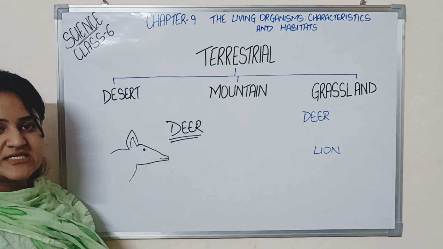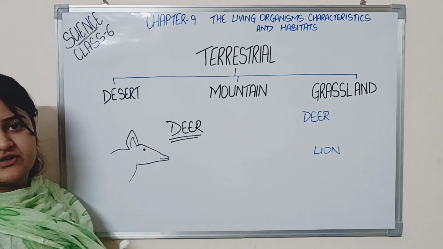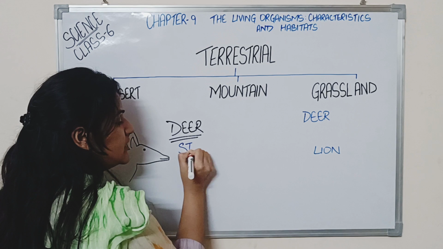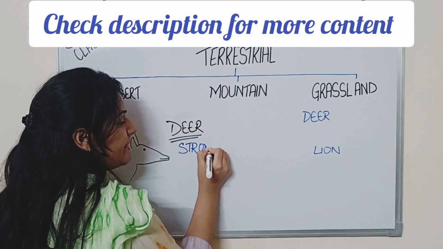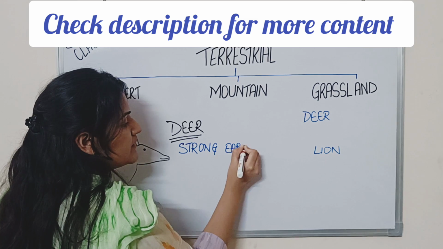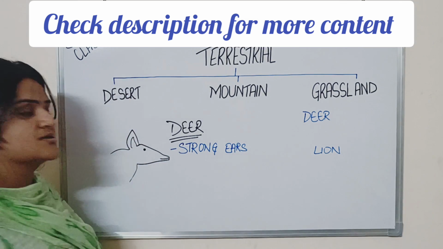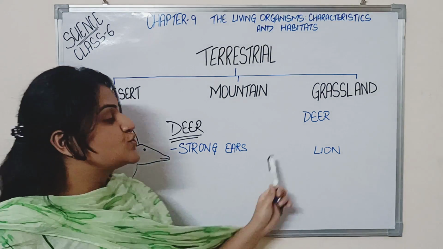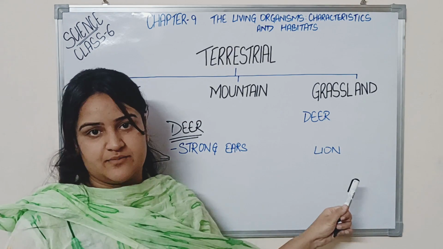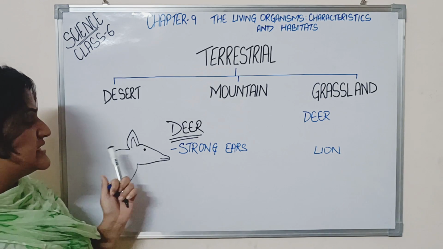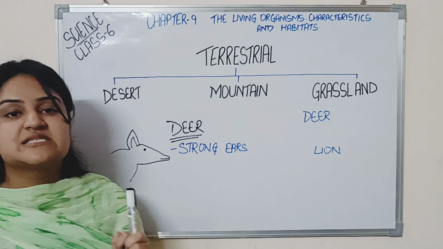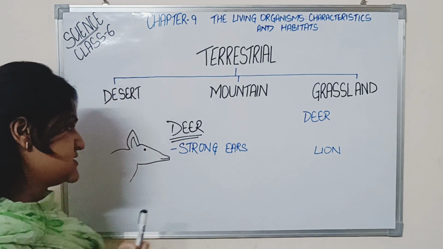Firstly, the ears of the deer are strong ears. What is the purpose of strong ears? It has to listen to the footsteps of the predator. For that, the deer has strong ears so that it can listen to the footsteps of the predator.